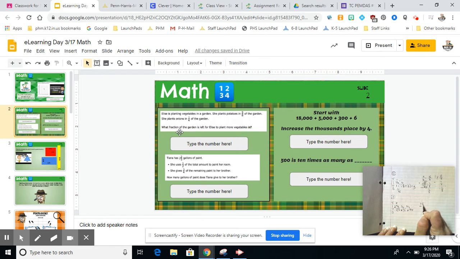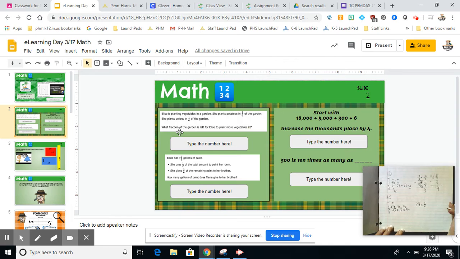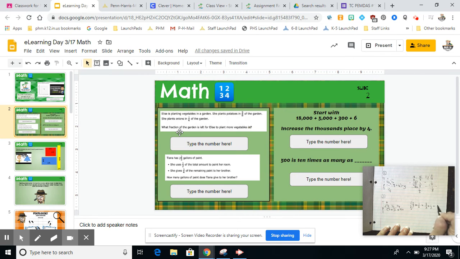2 2/3 times 1/2. However, we can't multiply a mixed number and a fraction. So we're going to turn this into an improper fraction. So 3 times 2 is 6, plus 2 is 8. So we've got 8/3 here, times 1/2. Then we just multiply across. 8 times 1 is 8, and 3 times 2 is 6.